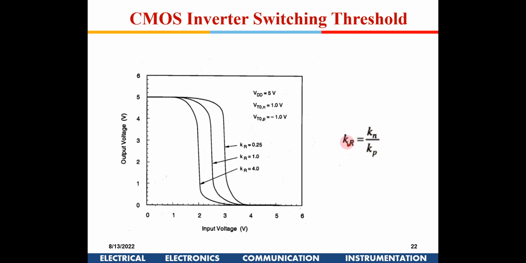So if I keep the nMOS stronger, this VTC curve will move towards the left. And if I keep PMOS stronger, then this will move towards the right. If I keep PMOS at 2.5 times that of nMOS, I will get KR equal to 1, and I will get this curve which is exactly in between. Is this okay with all of you?